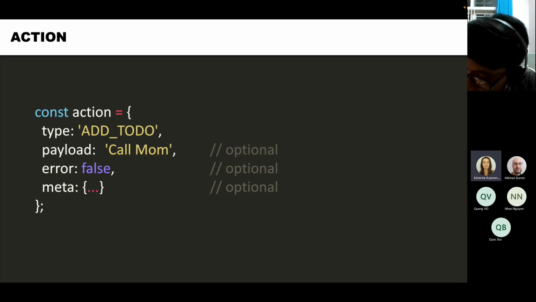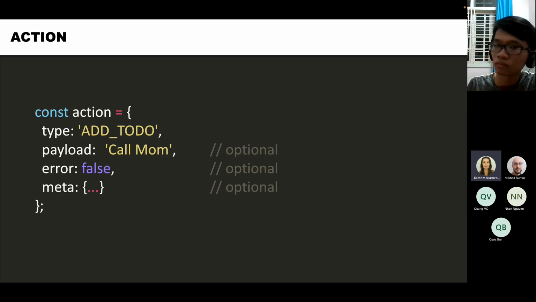In the same way that we describe the state structure based on the application's requirements, we should also be able to come up with a list of some of the actions that describe what's happening.